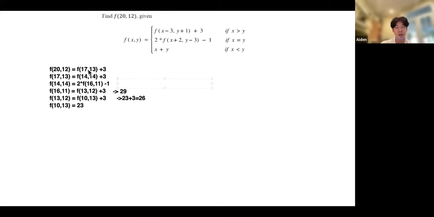And then we can continue working our way back up the ladder. So the next step, which is f of 14 comma 14, is equal to 2 times f of 16 comma 11 down here, which is equal to 29, and then minus 1.